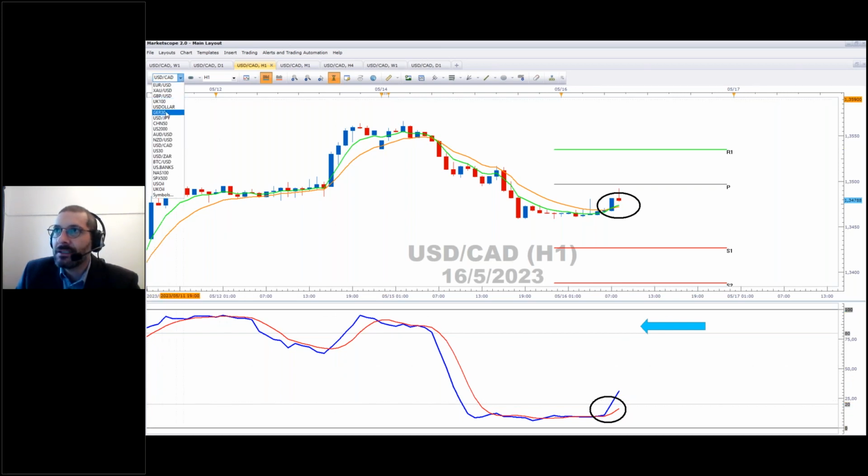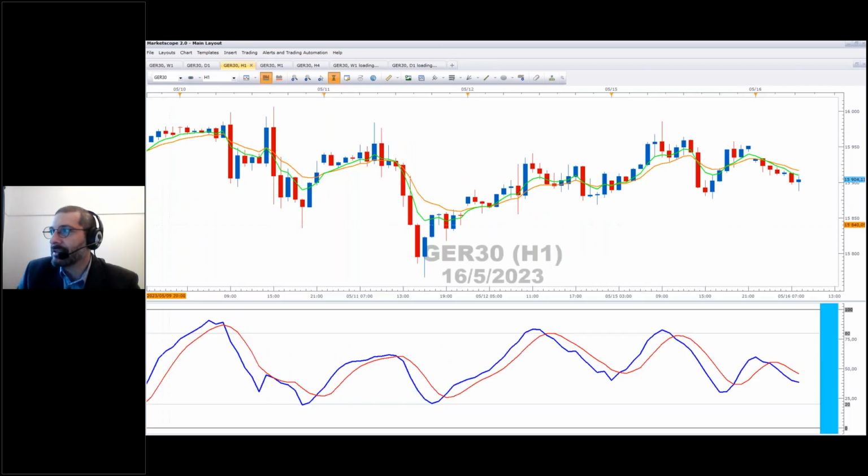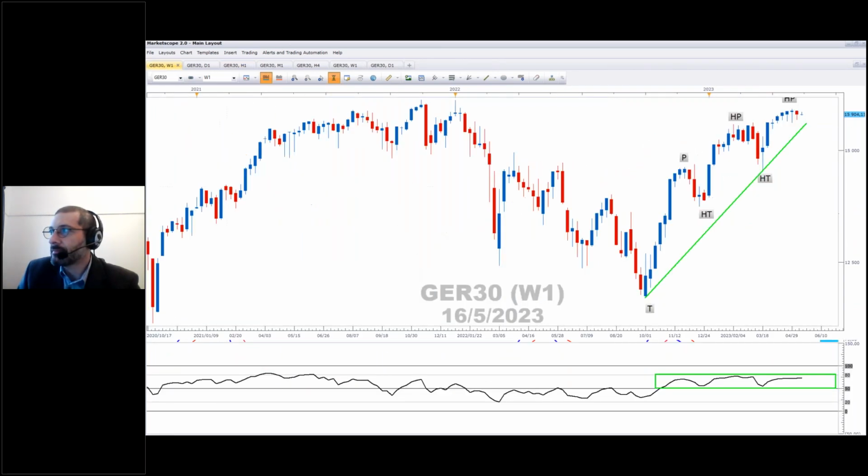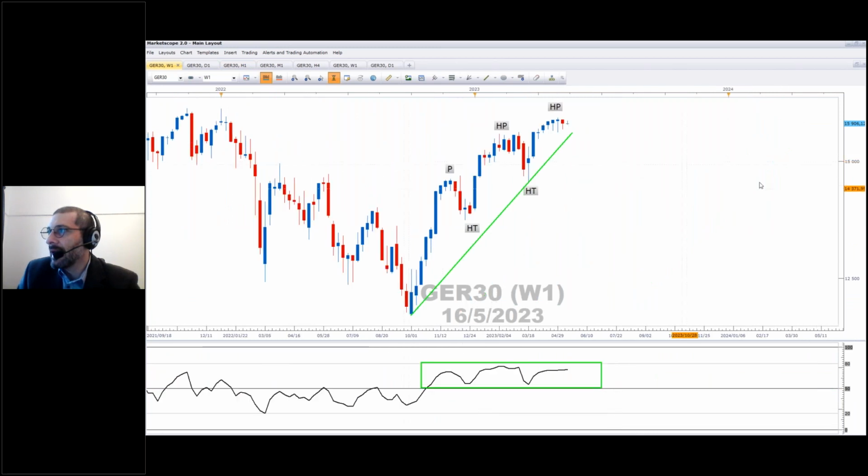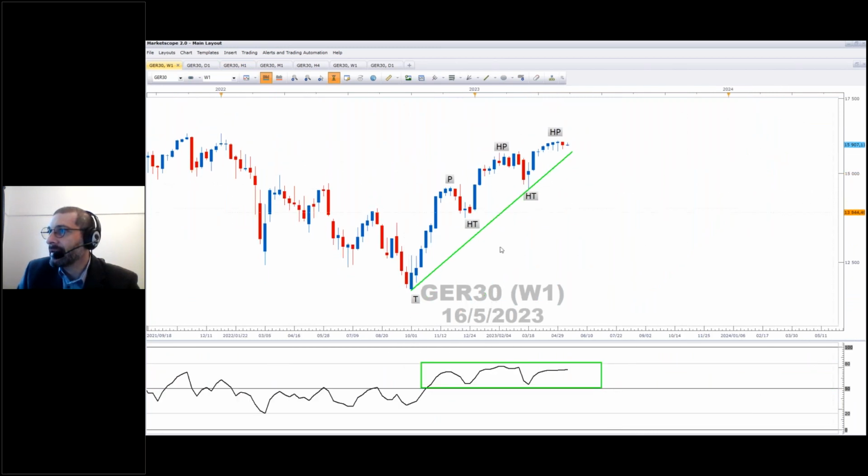Let's bring that up. DAX, again, an instrument that I do like. I am a really interested technical analyst in terms of the trend, on the weekly chart. Higher trough, higher peak, higher trough, higher peak.